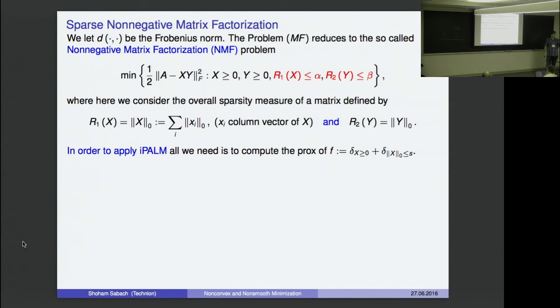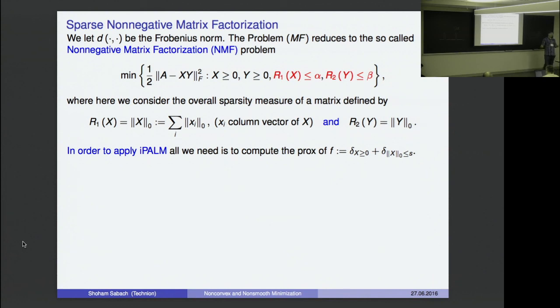One is of the non-negative orthant, thanks to this constraint. And the second is another indicator of the L0 ball with sparsity level of S. So we have a sum of two indicators, and we need to compute the proximal mapping of this function.